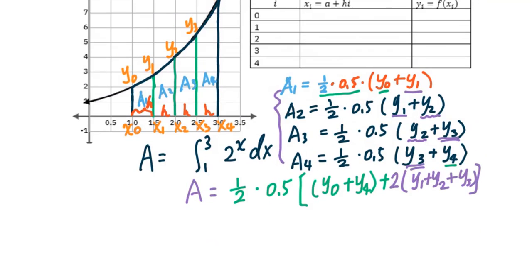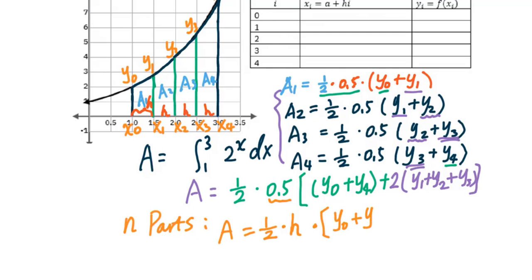Think about what if we divide this area into n parts. Then the area equals 1/2, let's change 0.5 into h, and you will get y0 plus yn, then plus 2 times y1, you keep adding to yn minus 1.